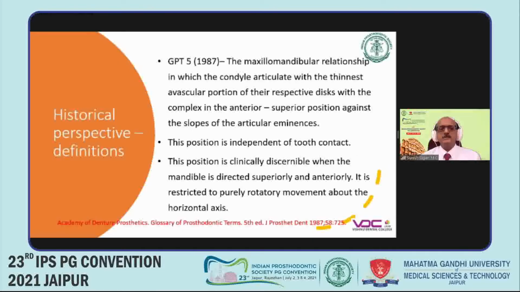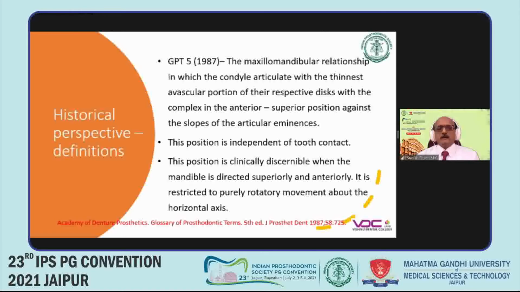So again there is a change. In GPT-5, they added this articular disc, and they said it's the thinnest avascular portion. So this was the definition that we all are very familiar with during our graduation and post-graduation.